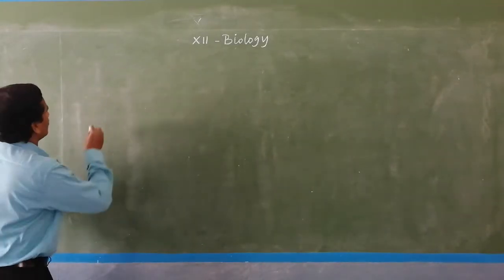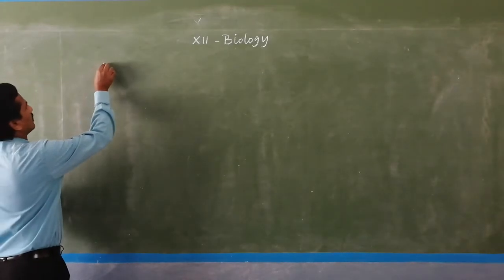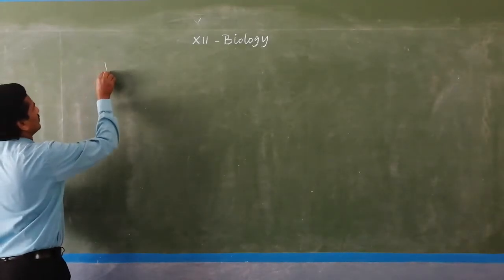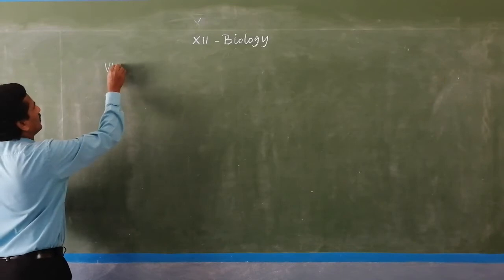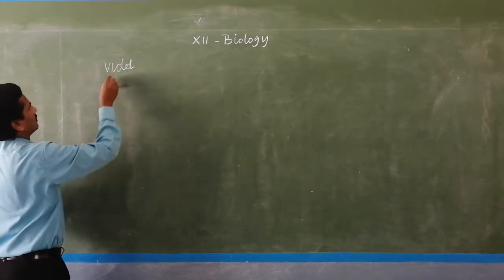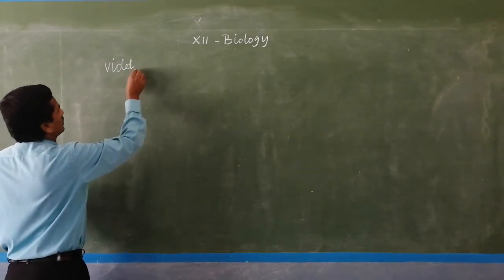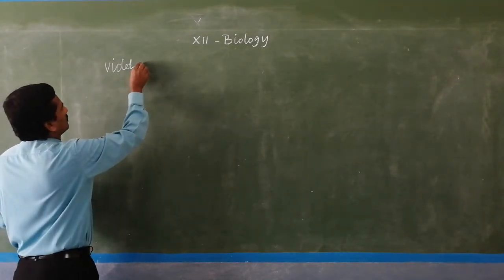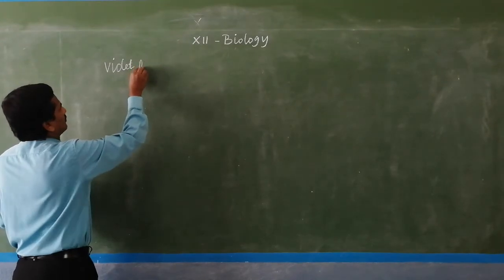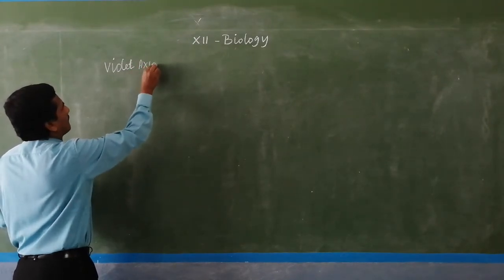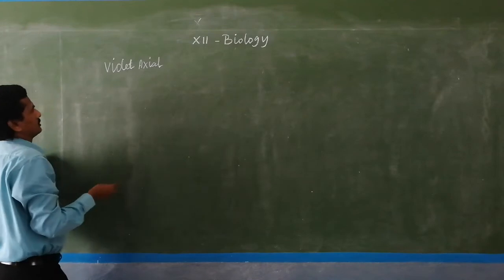Today we take violet colored flower crossed with violet colored flower with axial position.